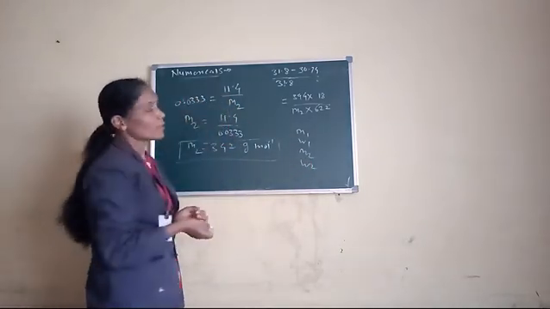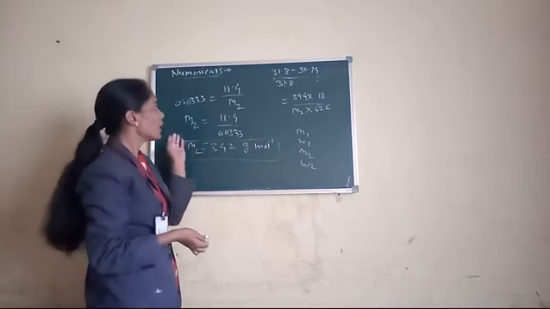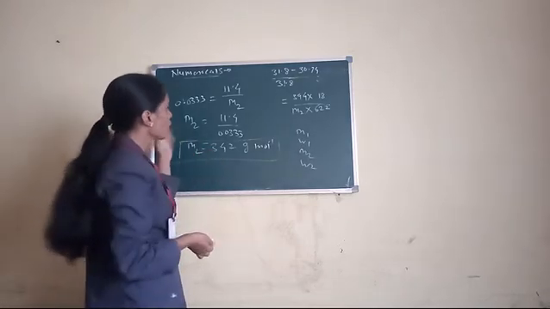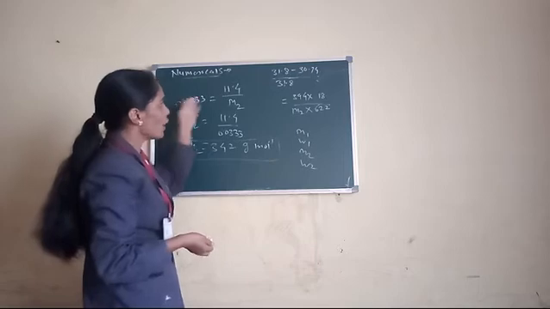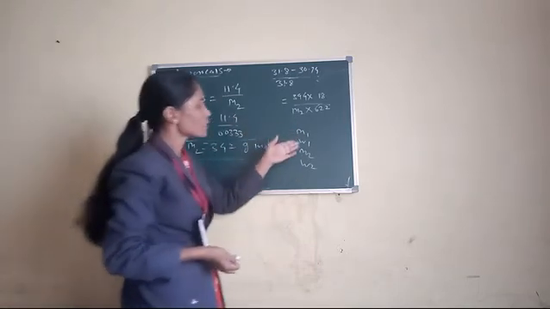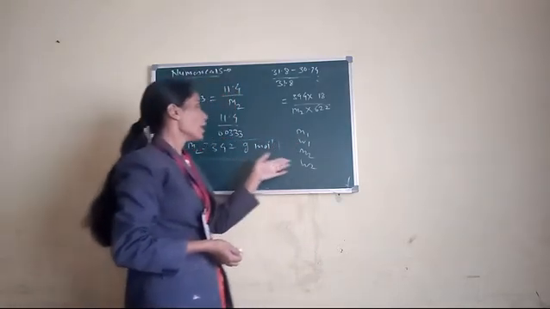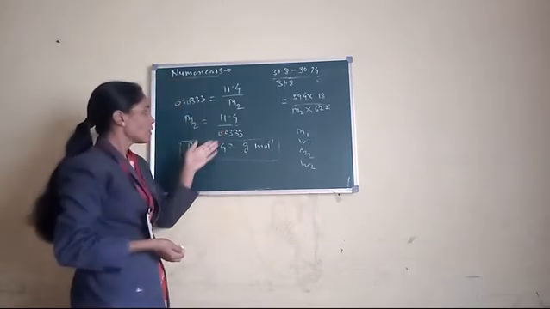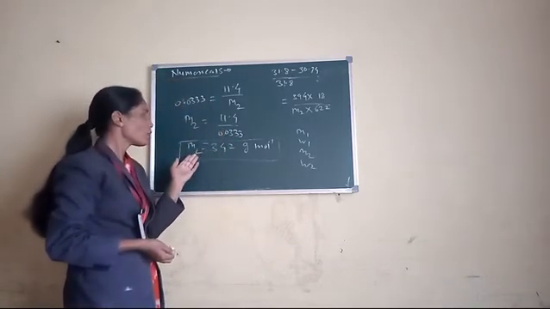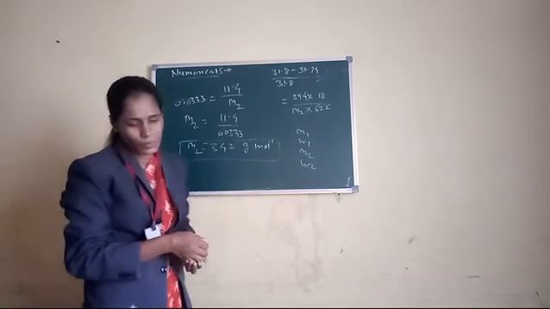This type of numerical is very easy. The formula is given directly, we put the values of these masses and molar masses, and simply calculate, we get the answer of molar mass of solute.